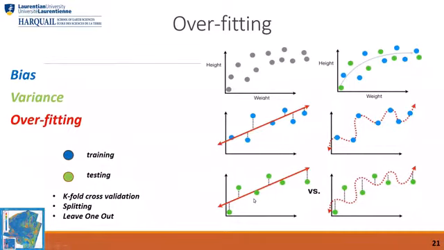And variance is the ability of our model to predict the testing data set. For the simple model, we have a small amount of bias, and also we have some variance. But for the complicated model, we almost have no bias, but we have a lot of variance. And variance is really severe in this complex model.